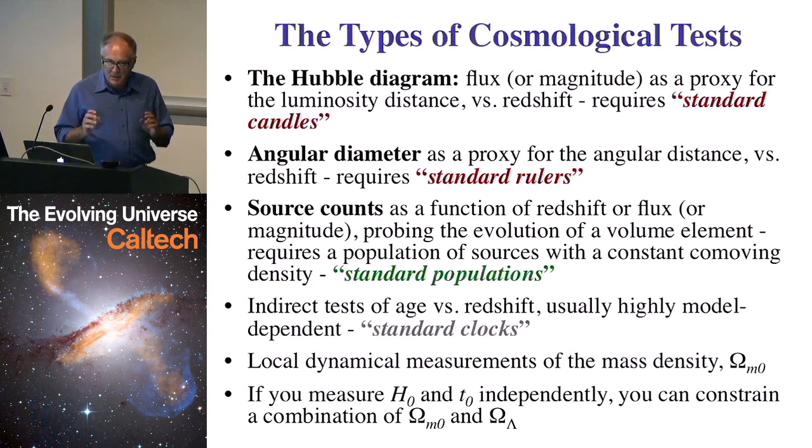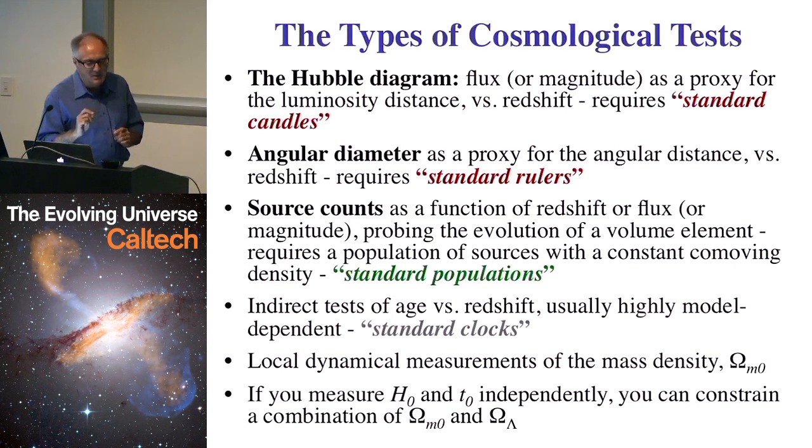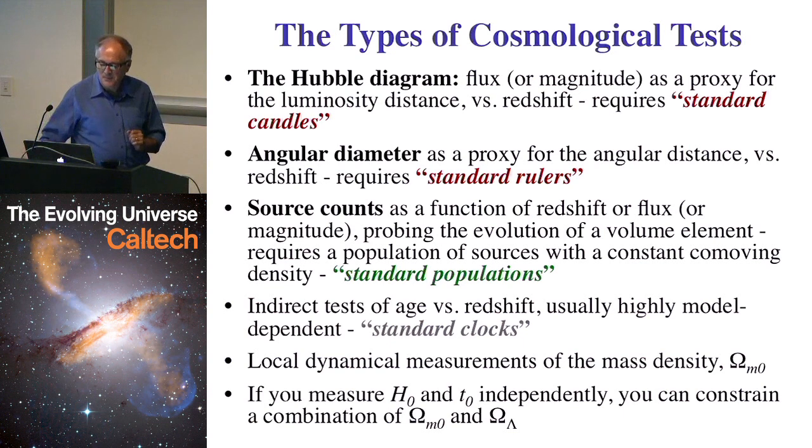The Hubble diagram, as you recall, is now not just a measure of expansion rate, but once you know the slope, the curvature of the Hubble diagram at high redshifts will start telling you about the geometry of the universe at large scales. That requires sources that at some instant are always the same brightness.